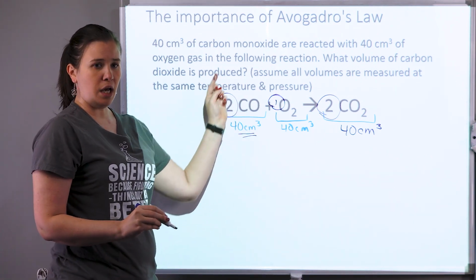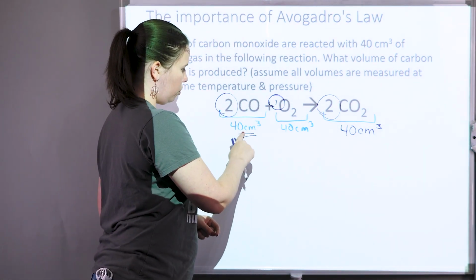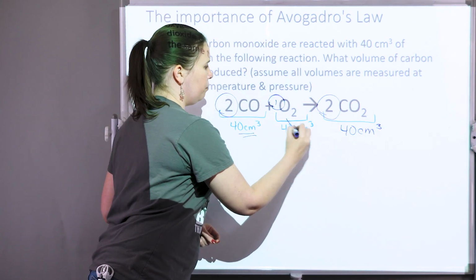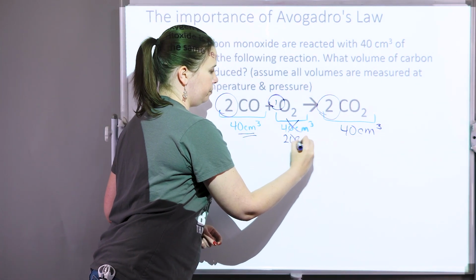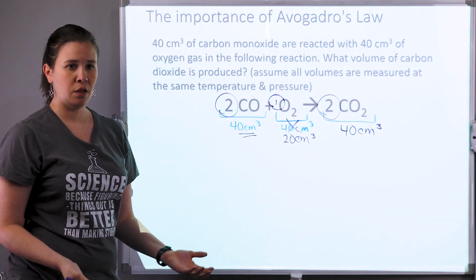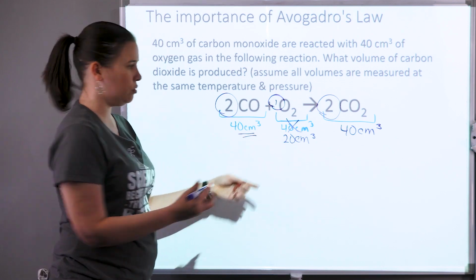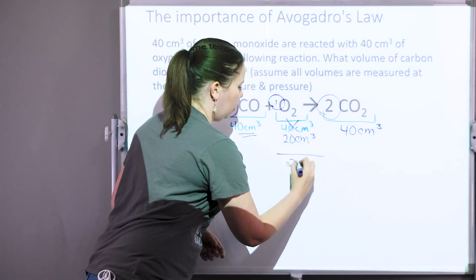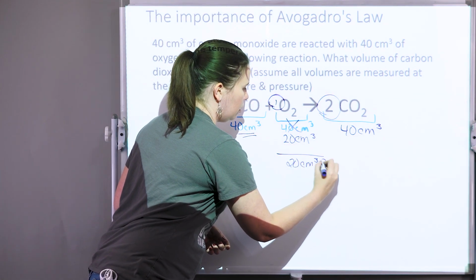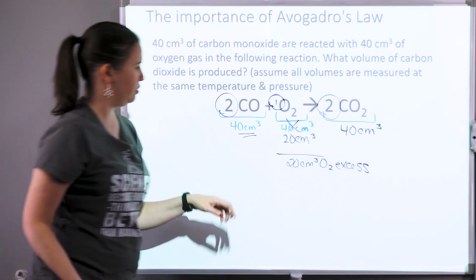Or in other terms, I use half as much oxygen as I do carbon monoxide. So if I'm using 40 cubic centimeters of carbon monoxide, I'm only using 20 cubic centimeters of oxygen. And then if I wanted to, I could find the difference. Well, if I had 40 and I used 20, then I also have 20 cubic centimeters of oxygen in excess.